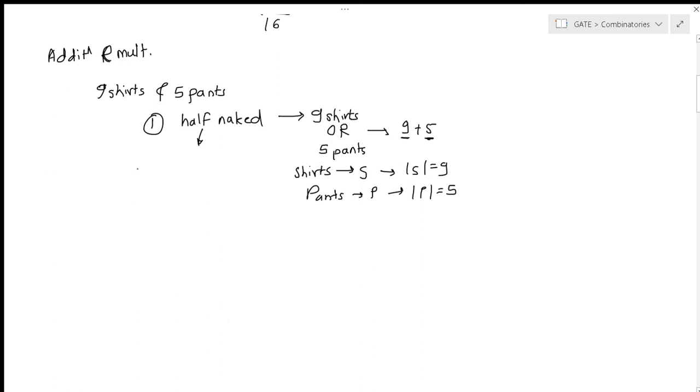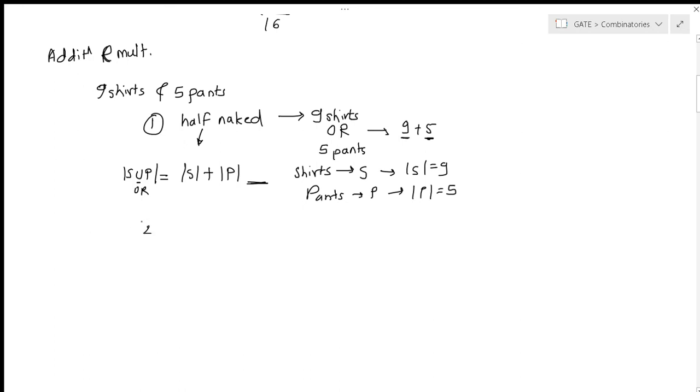I can say that it's equivalent to S union P. Why? Because you can read this as an or operation. Either I will be wearing one of the 9 shirts or one of the 5 pants. So what does this sum up to? S plus P, right? Now I know I am not writing the intersection term here, but for a while let's ignore that. It's not that complex, it is not needed as of now.